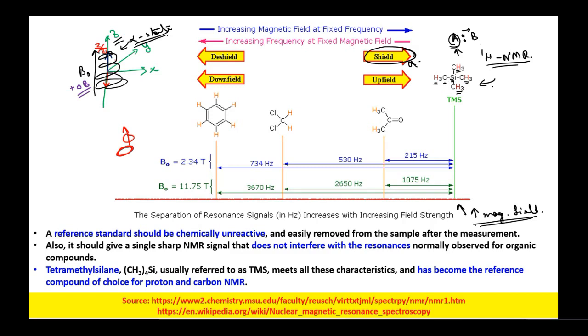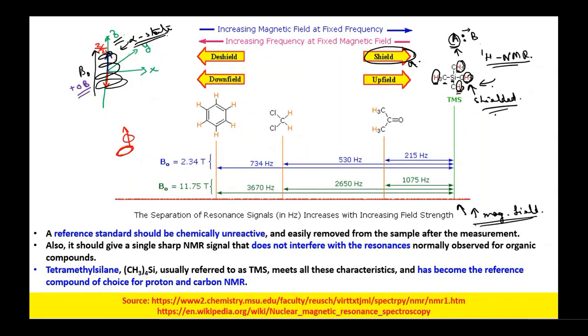The silicon is not drawing the electrons towards itself, and due to this reason the hydrogen atoms in the methyl groups of the TMS remain shielded.